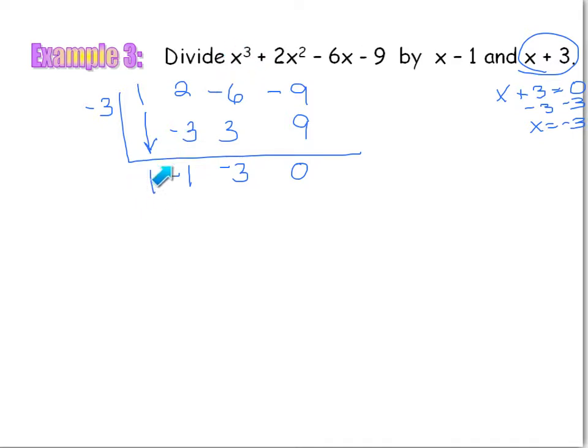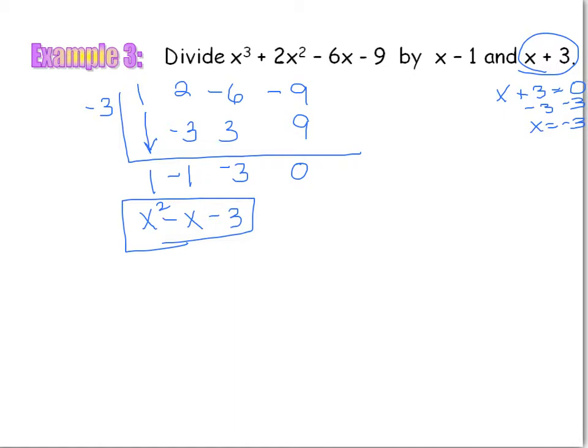This will always be 1 degree less, so a cubic function minus a degree is a quadratic function, so this would be squared. So what was a 3 becomes a 2. And then the next term, so now I'm going to have a negative, so I'm going to copy this down. Negative, and then instead of writing a 1, we just write x. And this is the constant, so it just goes in order. Squared, 1, and then none. And then we don't have a remainder because it's 0. So this is our answer.